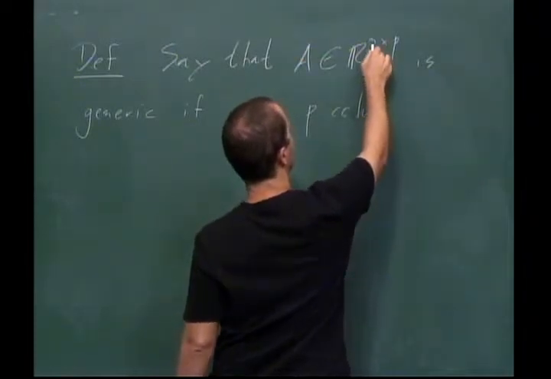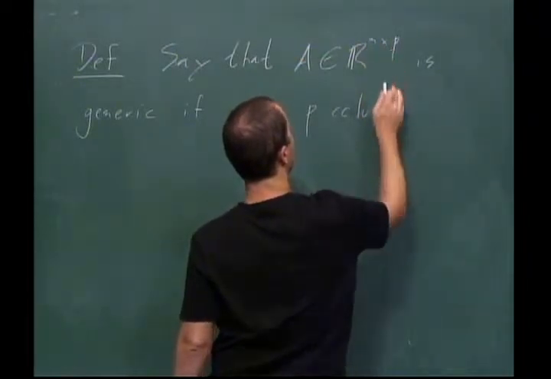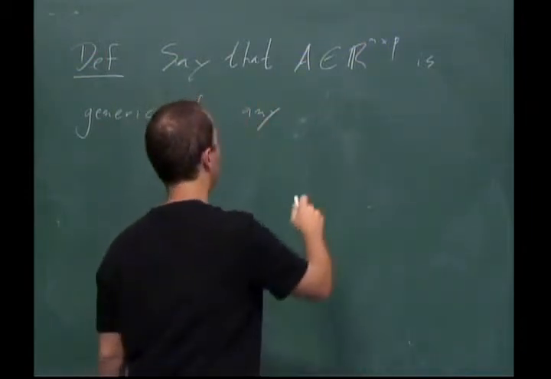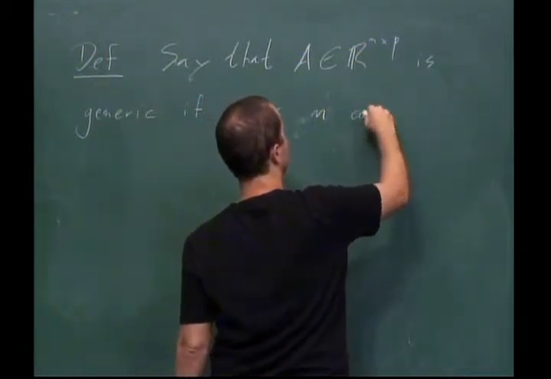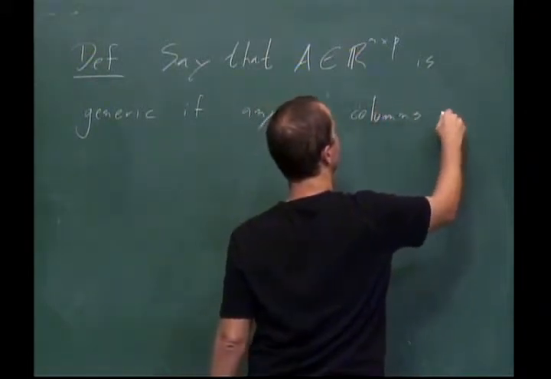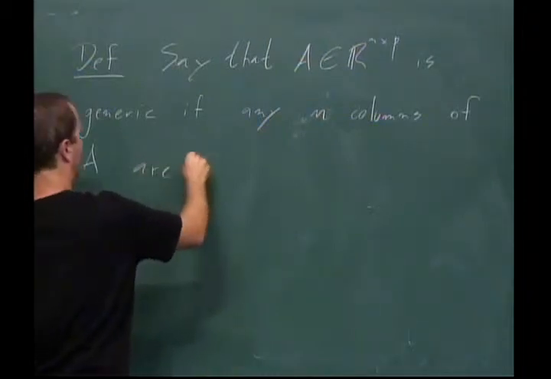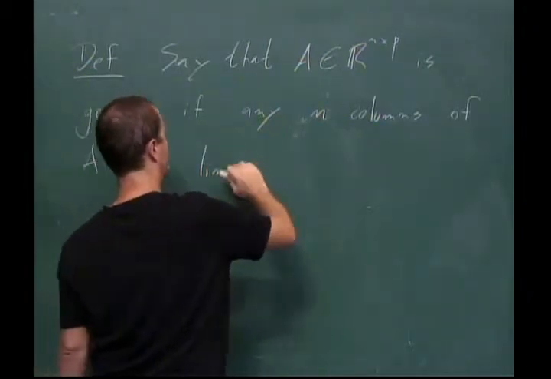Let's say you have n rows and p columns. Now any n columns of A are linearly independent.